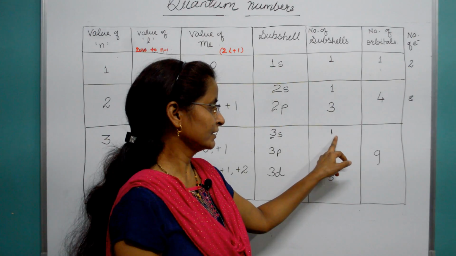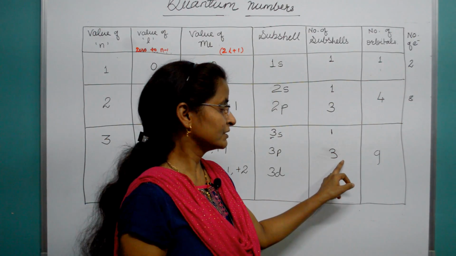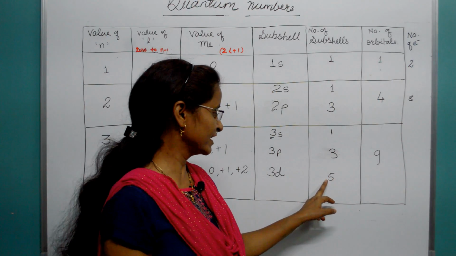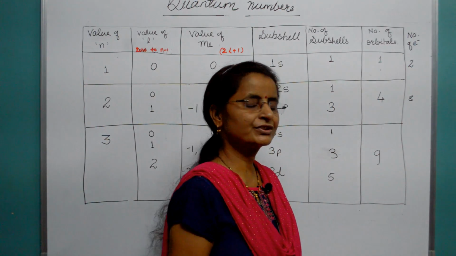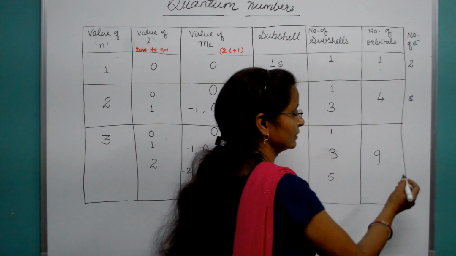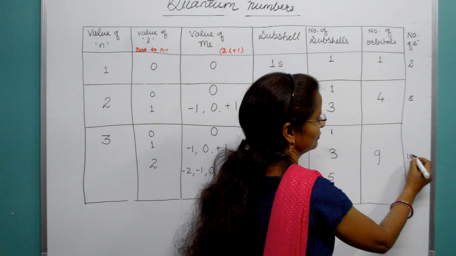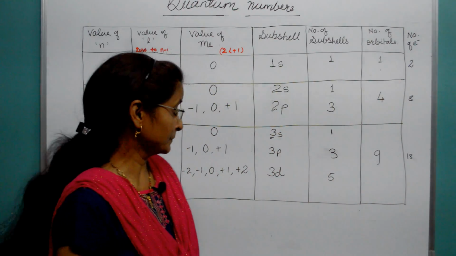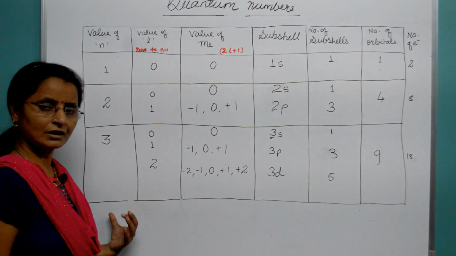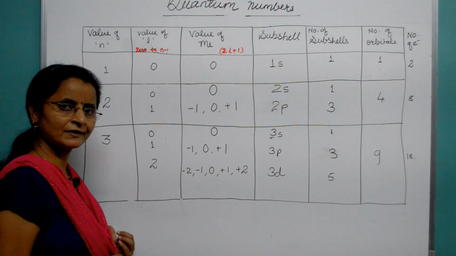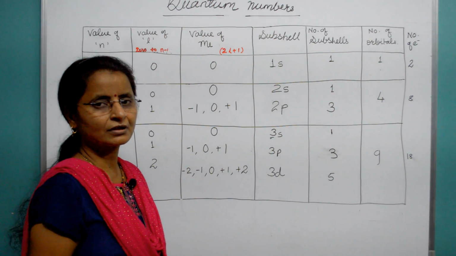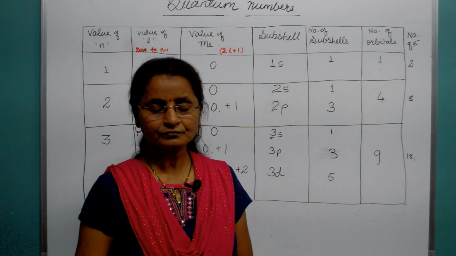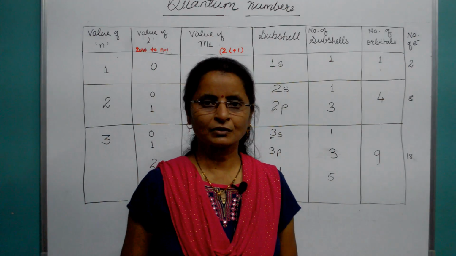How 9? 1 orbital of S, 3 orbitals of P and 5 orbitals of D. So the total is 9, and that's why the total number of electrons occupied is 18. In this way you can also calculate on your own if the principal quantum number is 4, 5 and 6, like that, with the help of the quantum numbers. So this is all about quantum numbers.